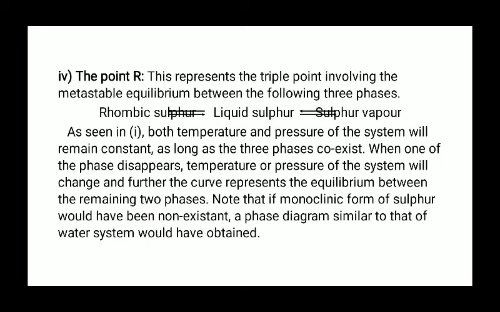Both temperature and pressure of the system will remain constant as long as three phases coexist. When one of the phases disappears, the temperature or pressure of the system will change, and the curve represents the equilibrium between the remaining two phases. Note down that if the monoclinic form of sulfur had been non-existent, a phase diagram similar to that of the water system would have been obtained.